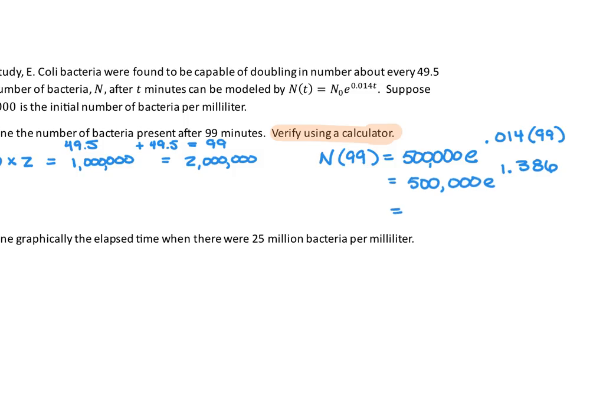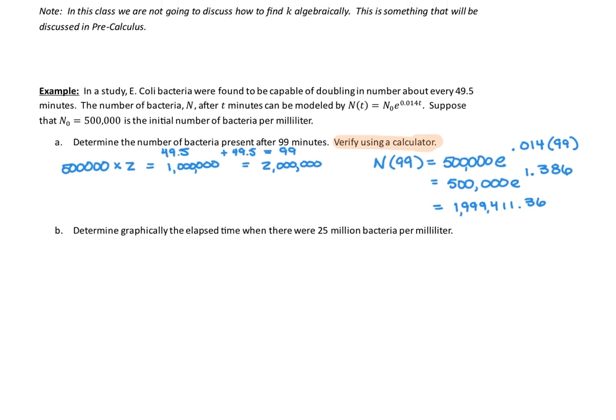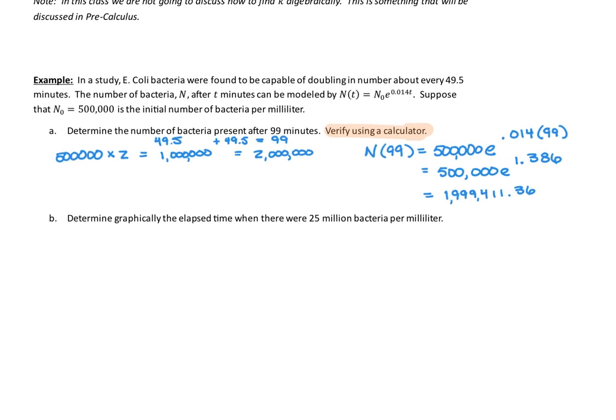And we want to plug this in our calculator now. When I plug this in my calculator, I get 1,994,411.36. And this is about 1,999,000. And so that's pretty accurate. Remember, it says about every 49.5 minutes. And so our formula is accurate.